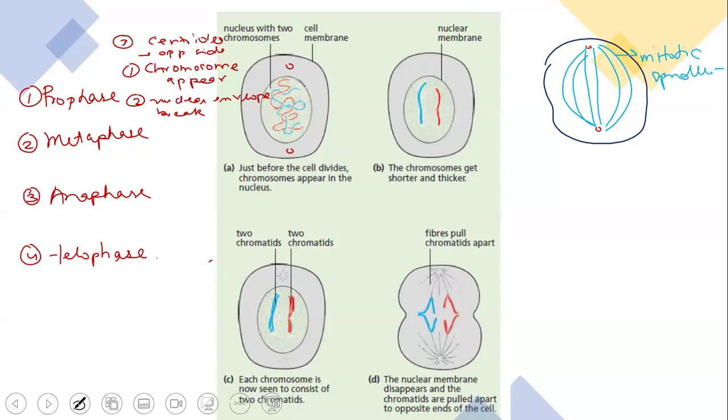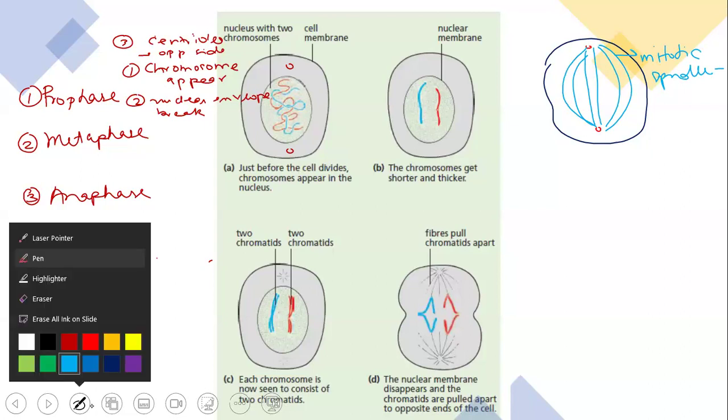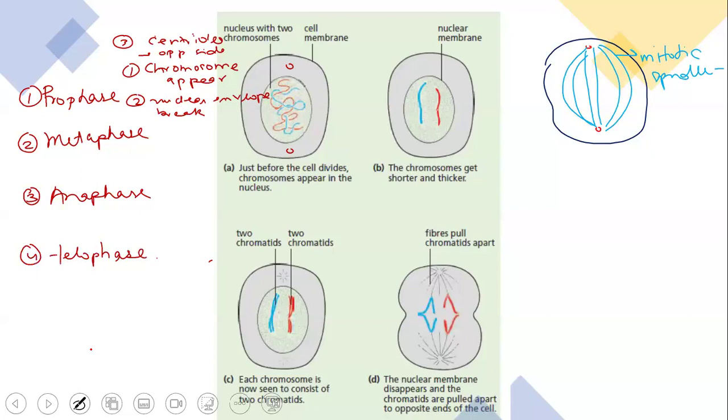On the mitotic spindle, in the very center of the cell, all the chromosomes will arrange themselves in one line like this, right? See, they're in one line right towards the center of the cell.